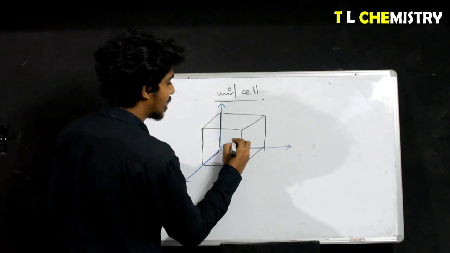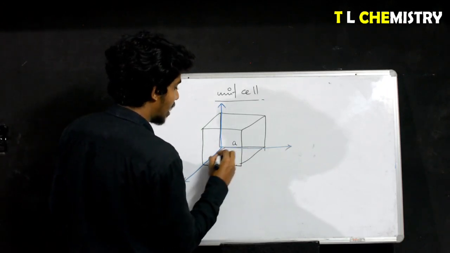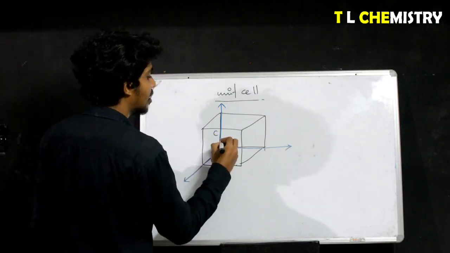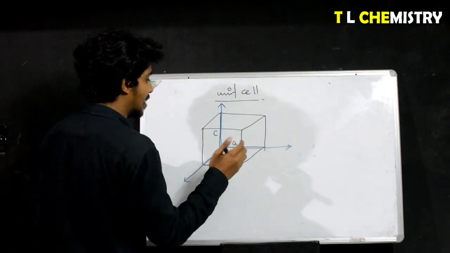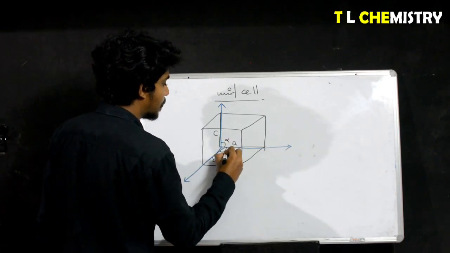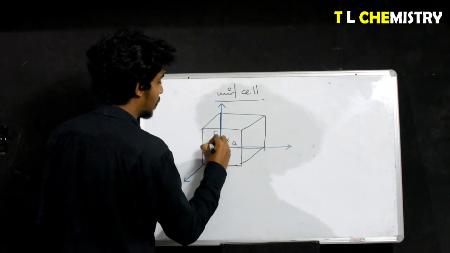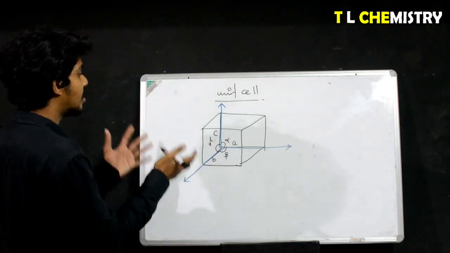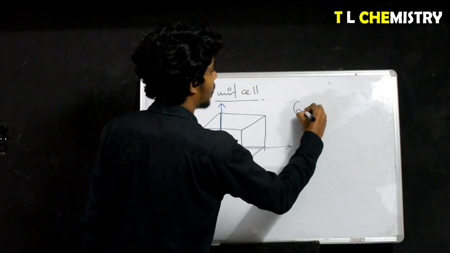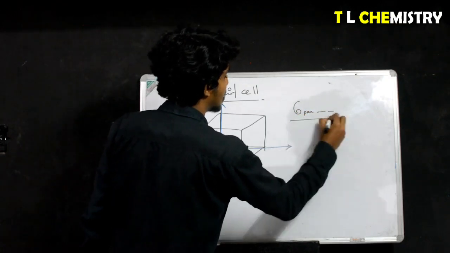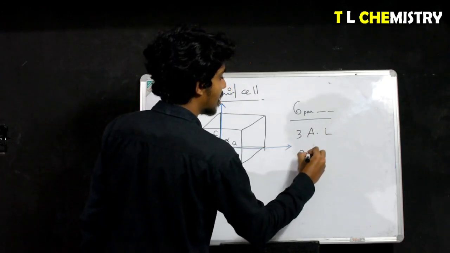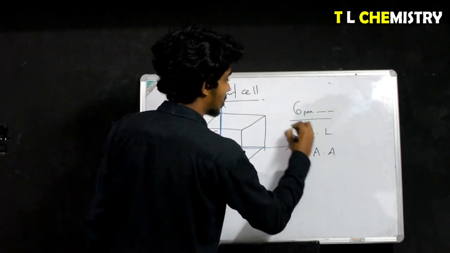The first ones are axial length A, axial length B and axial length C. And the remaining are the axial angles, such as alpha, beta and gamma. So a unit cell can be represented by 6 parameters: 3 axial lengths and 3 axial angles.